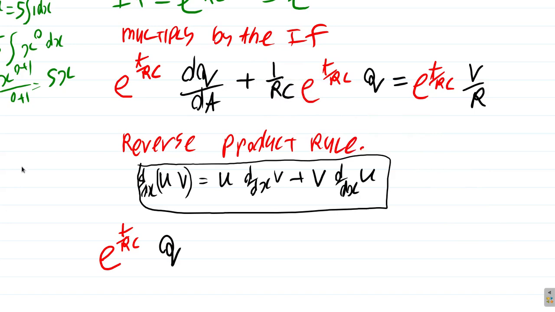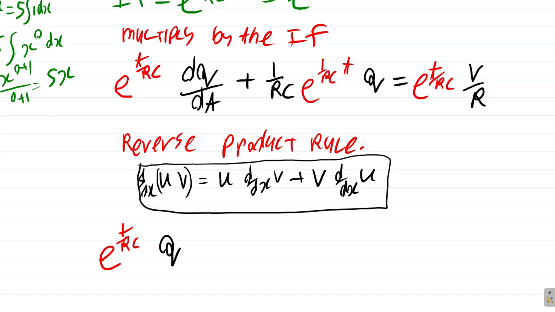When you differentiate e to the t over rc, it's like you're differentiating 1 over rc by t.